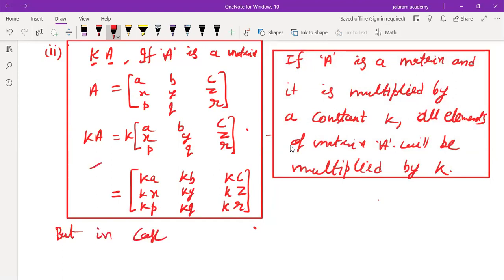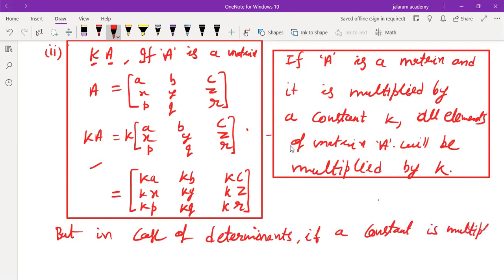We are studying the topic determinants, not matrices. We know that a determinant is always a square matrix.